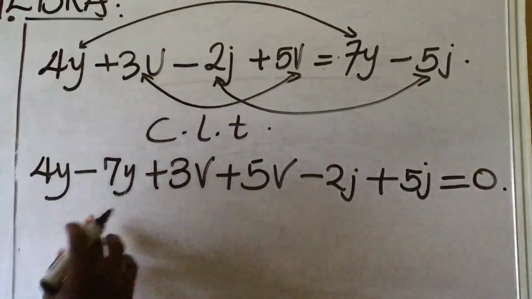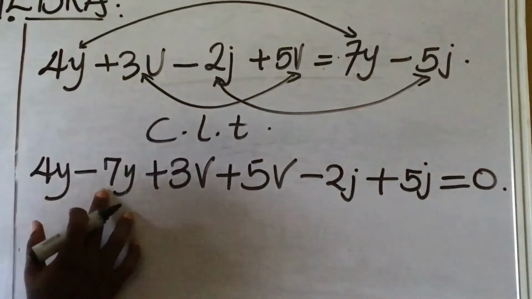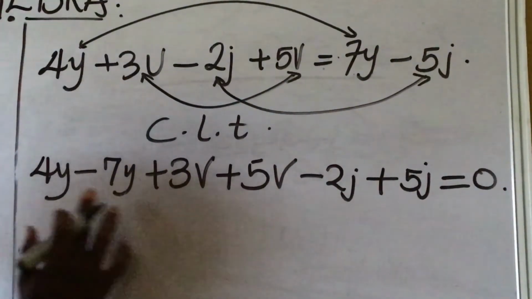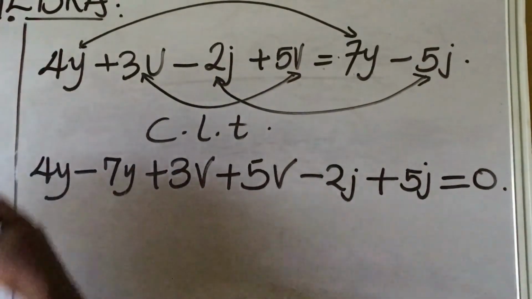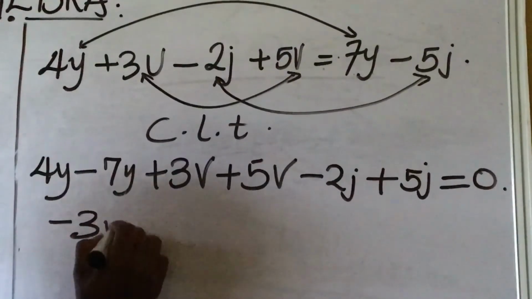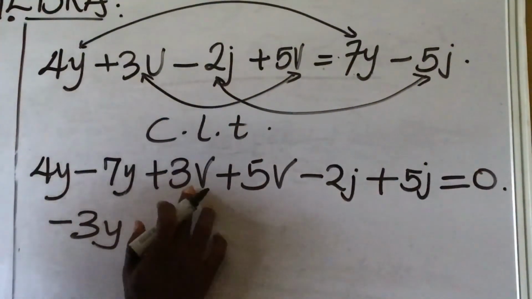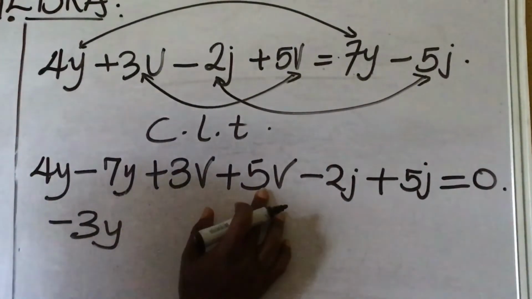0. Alright, so I have 4 pencils and I'm to give somebody 7 pencils. If I give the 4 pencils, how many am I still owing? How much? I'm still owing 3. So I have minus 3y. Alright? Then I have 3v plus 5v.